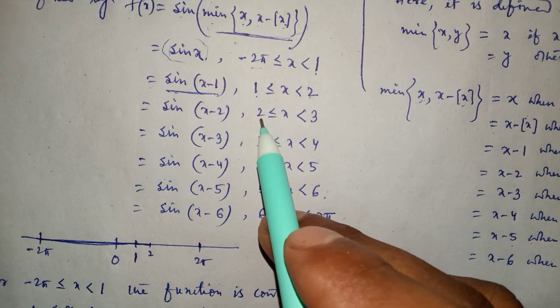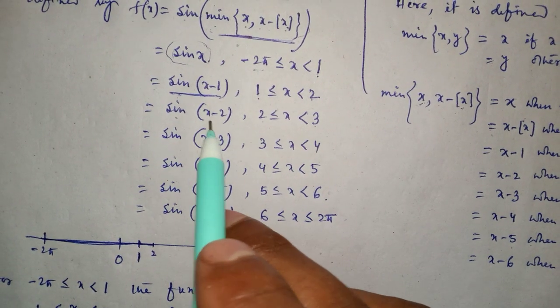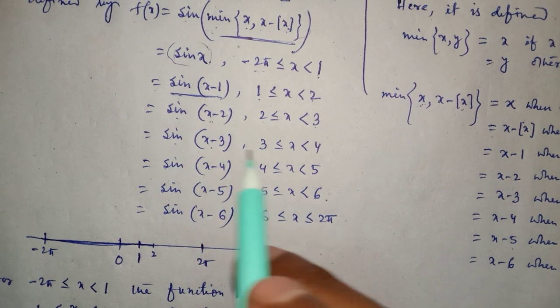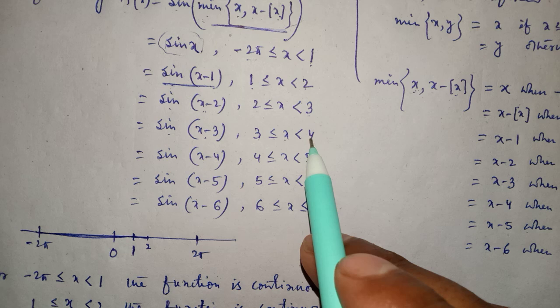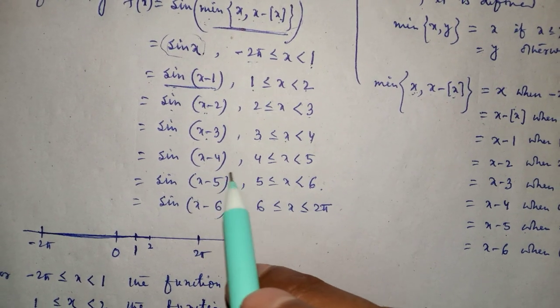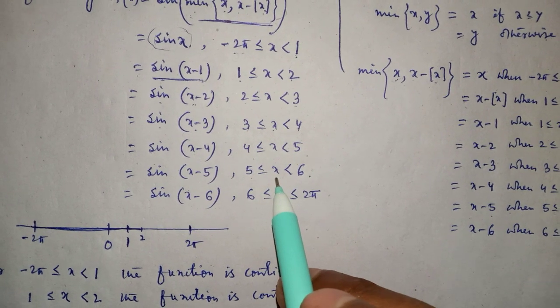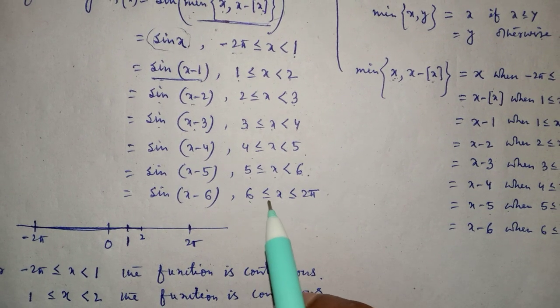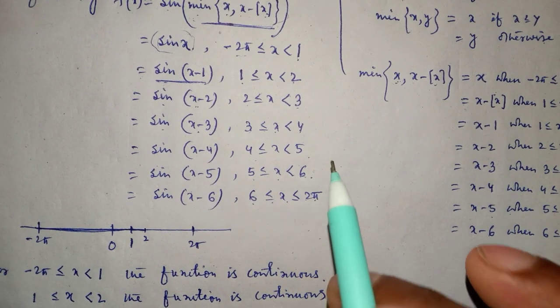Similarly, when 2 is less than or equal to x less than 3, the sine function is also continuous. Sine is continuous when 3 is less than or equal to x less than 4, and when 4 is less than or equal to x less than 5, when 5 is less than or equal to x less than 6, and 6 is less than or equal to x less than or equal to 2 pi, the function is continuous.